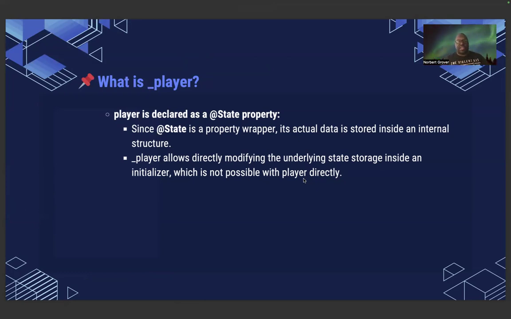The player is declared as the @State property. Since @State is a property wrapper, its actual data is stored inside an internal structure. Underscore player allows directly modifying the underlying state storage inside the initializer, right? Which is not possible with player directly. This means that you can't modify or use player directly inside the initializer. You must access it by the underscore player.